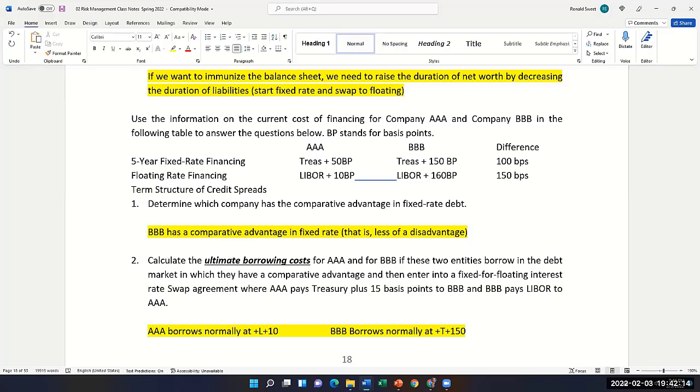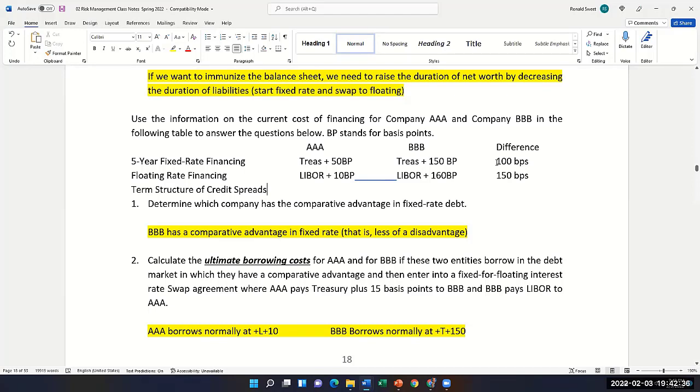But credit spreads are always upward sloping. The more risky the bond, the much wider the spread is for the further out you go in time. So this question doesn't really make much sense. Why would AAA only be 100 basis points cheaper on 5 years, but 150 basis points cheaper on floating? It really doesn't make sense. But that's what it is.